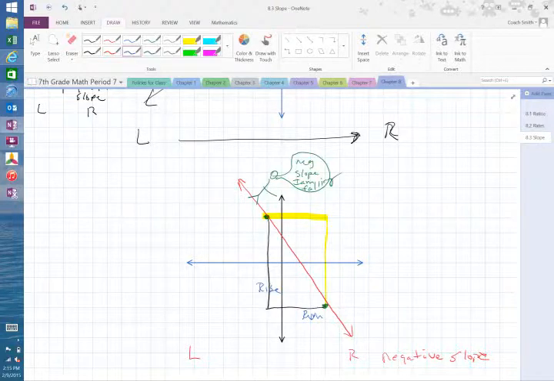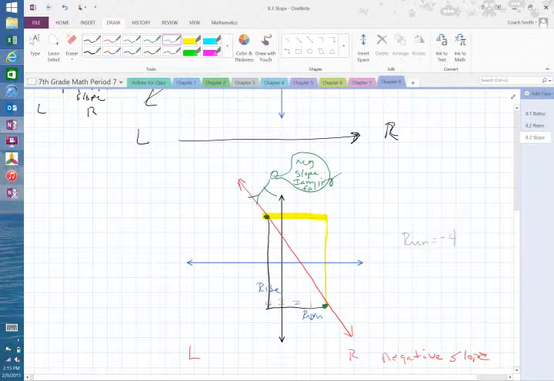So I'm going to simply do this. I'm going to count 1, 2, 3, 4. I went 4 places to the left. So that means my run is equal to -4 because I went left. Left is negative, right is positive.